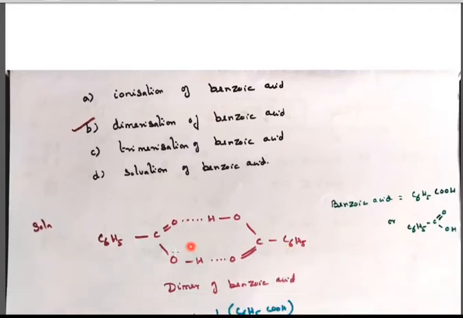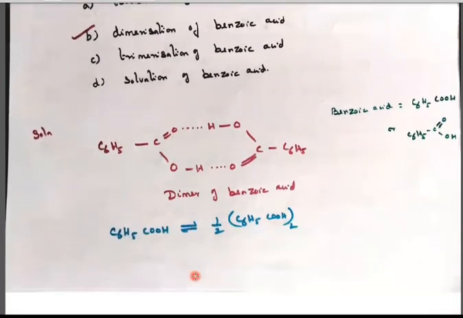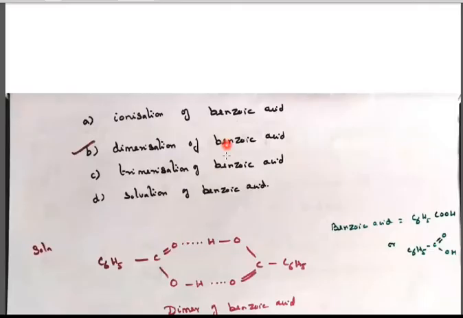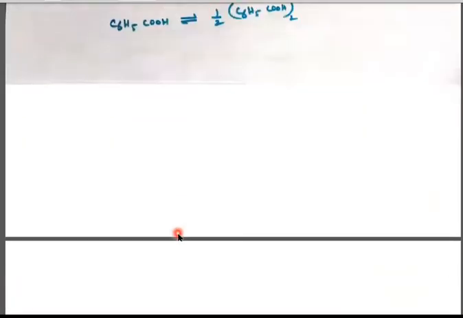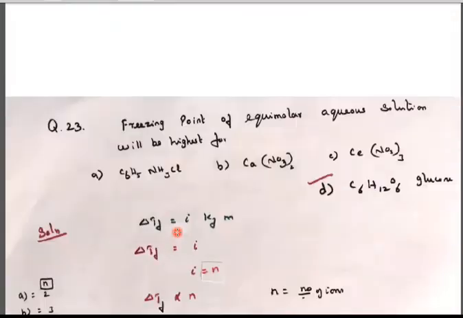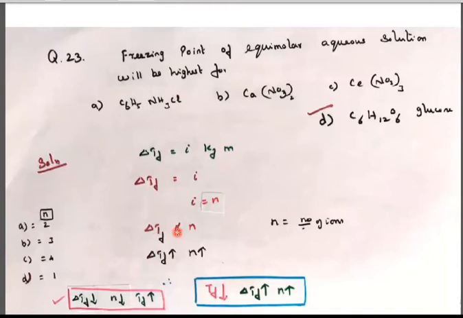So it is a dimerization. It forms C6H5C double bond O and O, linked with another benzoic acid through hydrogen. This is hydrogen bond formation. It is called the dimer of benzoic acid. So the answer is dimer of benzoic acid. Whenever you see benzoic acid, you write dimerization.